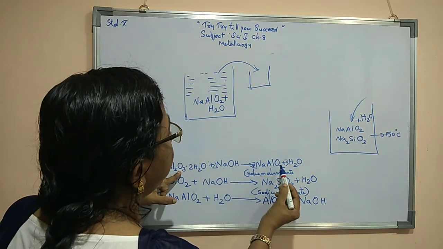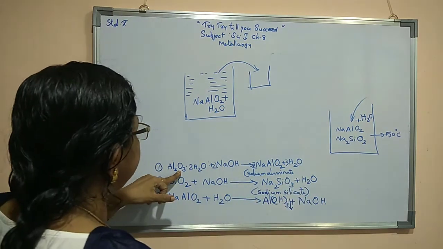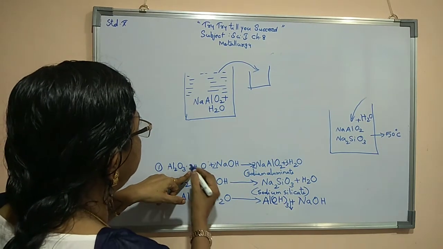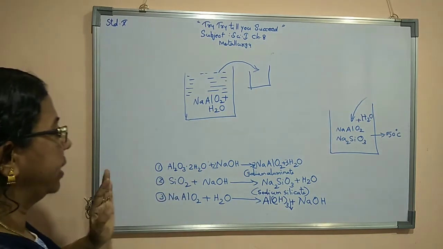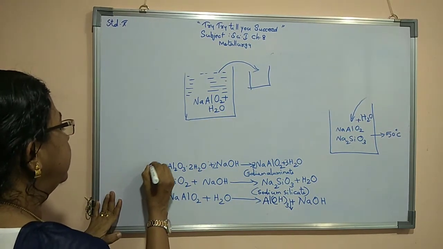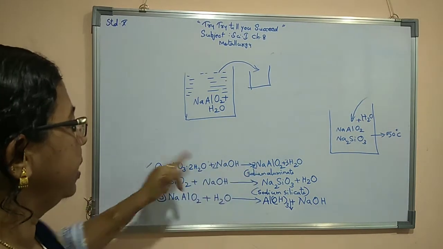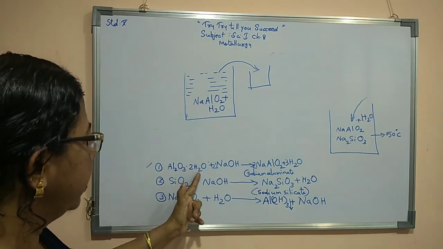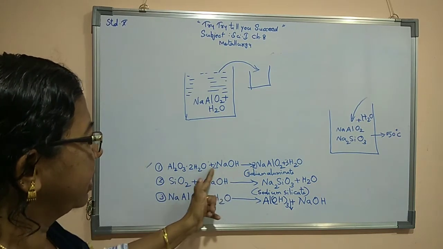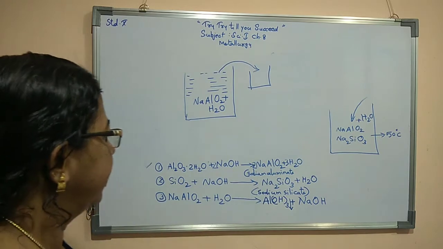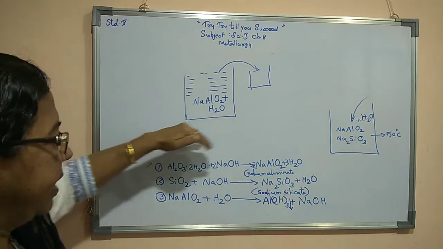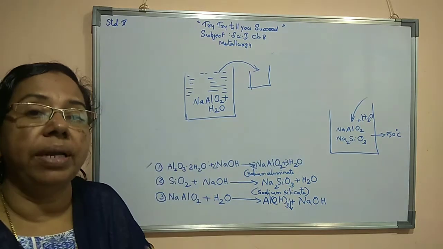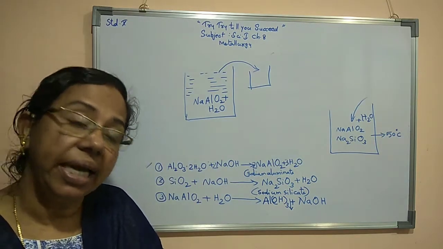Here 2 2s are 4, 4 plus 3, 7 oxygen. Hydrogen 2 2s are 4, 4 plus 2, 6. Here 3 2s are 6. So hydrogen is correct and the equation is in balanced condition. Both sides have 6 hydrogen. While balancing we have to see that the reactant side and product side have an equal number of atoms of the elements.